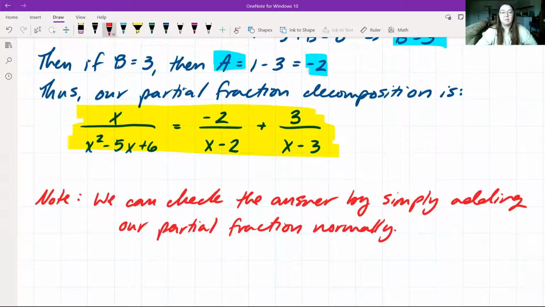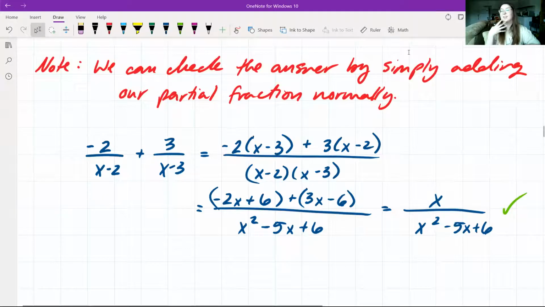So for the sake of time, we're not actually going to go through this, but I will show you how it works out and the check momentarily. So you can go ahead, look at the answer, pause it, make sure that you know what happened there, and then we'll move on. So there we have it.